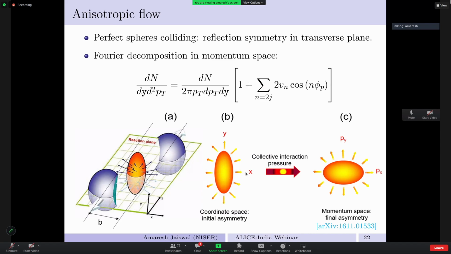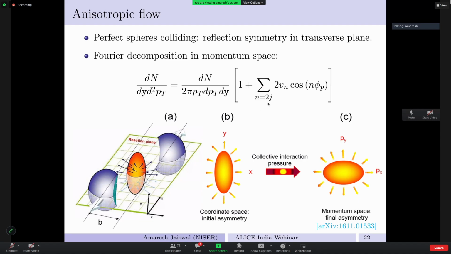If I were to do a Fourier decomposition of the spectrum in the azimuthal plane, then because there is reflection symmetry about x and y, the sine terms vanish, as well as the odd terms of cos.